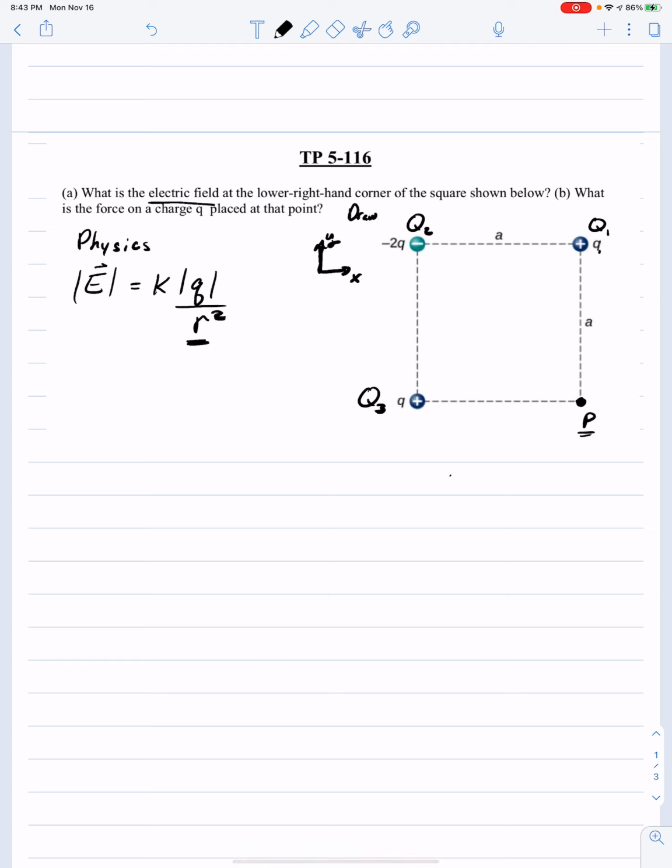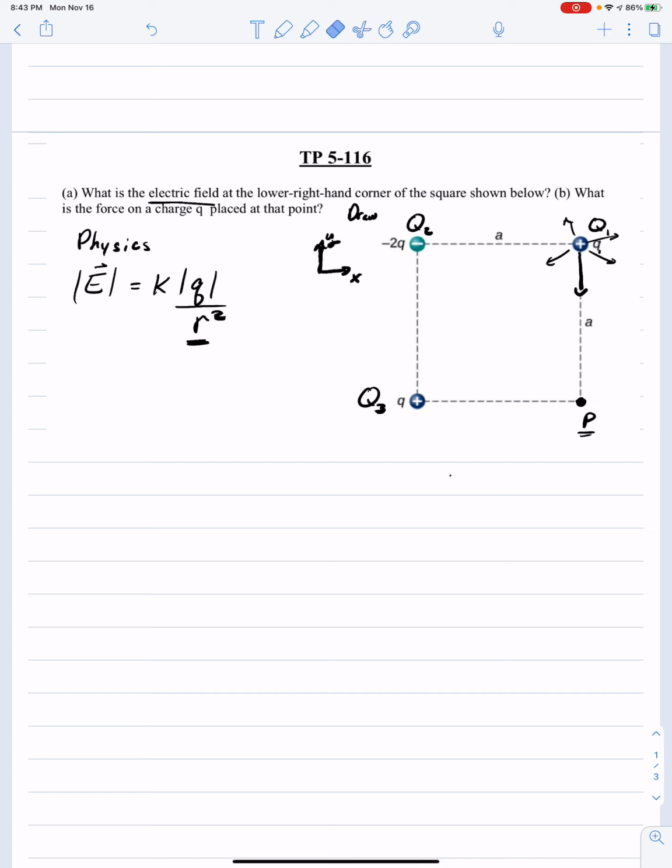Understanding that when it comes to positive charges, the electric field line is always going outwards, I am going to analyze the electric field line that is going straight into P. We have electric field lines coming out of Q1, but only one electric field line is going directly downwards into P. It's this one right here that I highlighted.